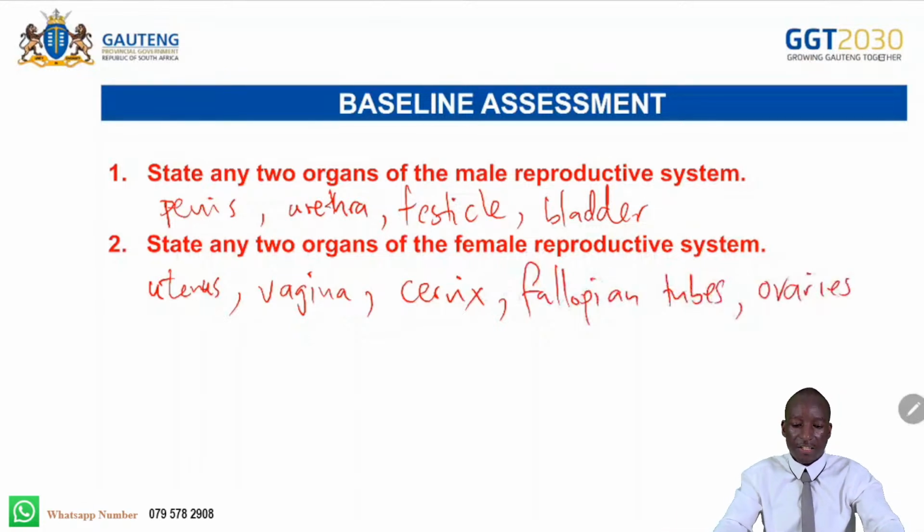So that list makes up the parts of the female reproductive system, right?